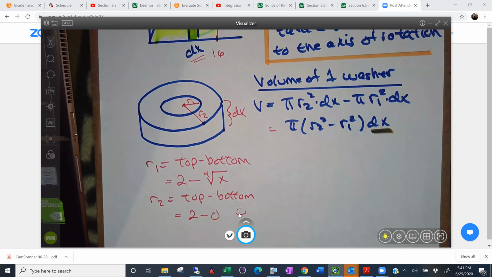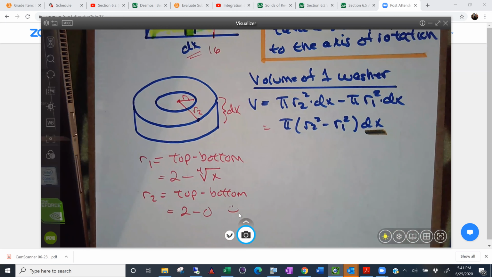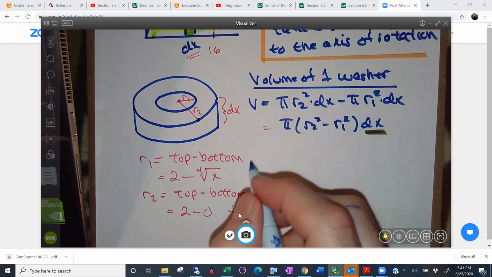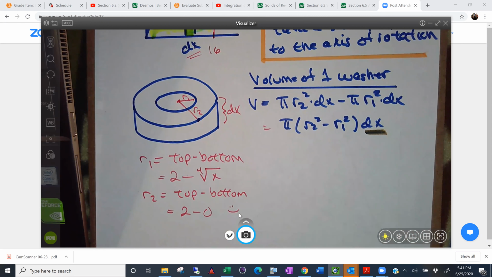Well, that's nice, because that simplifies. It's just 2. So, okay, let's put both of those into this formula. Are you okay with how we got these? I'm trying to do this as geometrically based as possible.